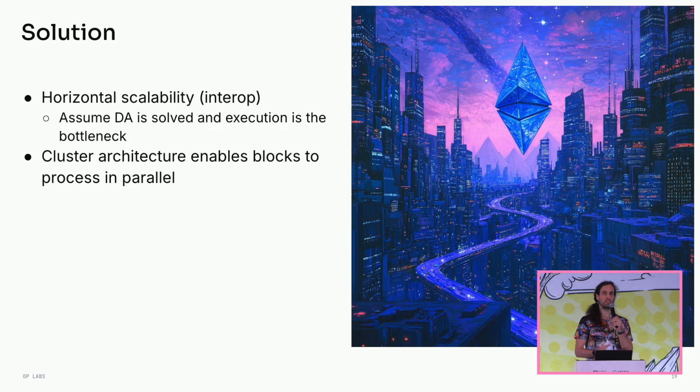In Web 2, they have this architecture where you can horizontally scale your application in the cloud. In crypto, that's just not possible. People are still deploying single server applications on a single chain, right? We need to evolve past this and start to develop applications that can horizontally scale across many chains. This is why we're working on the cluster architecture in the OP stack.